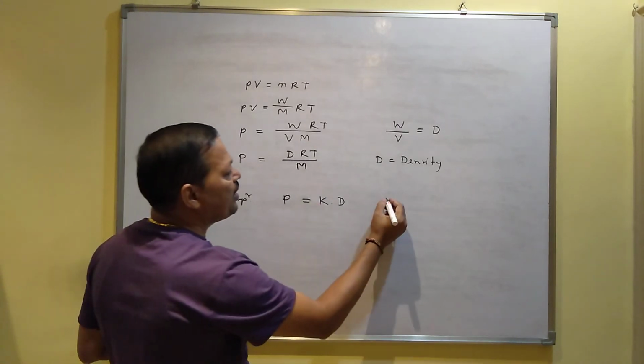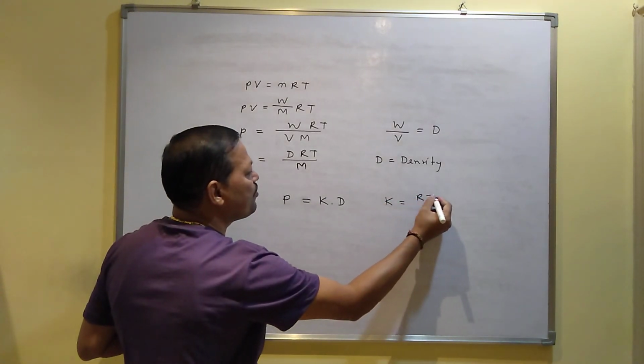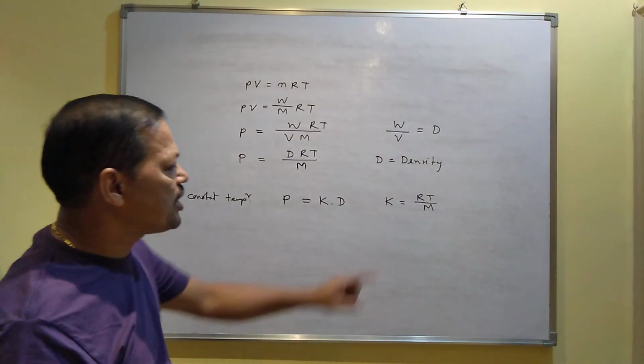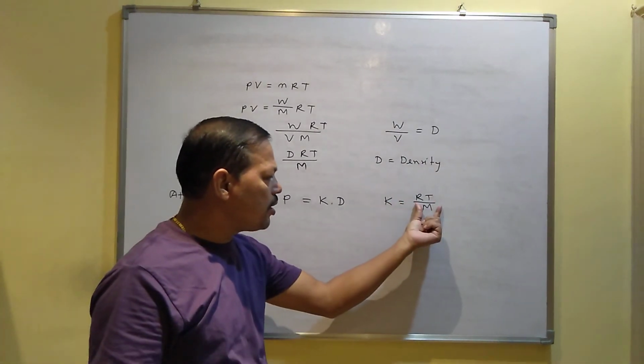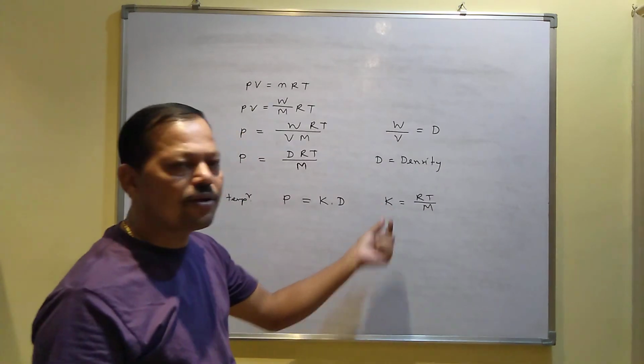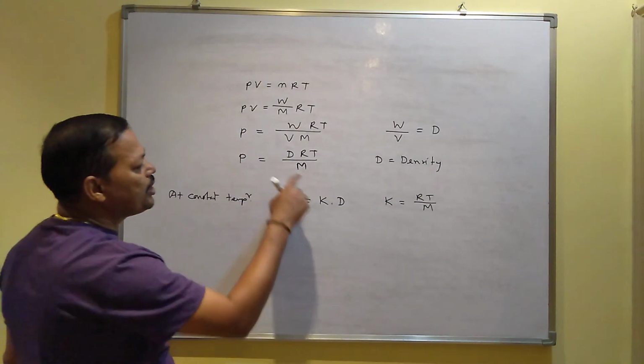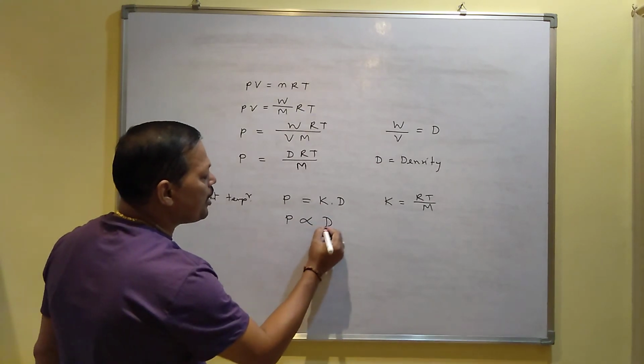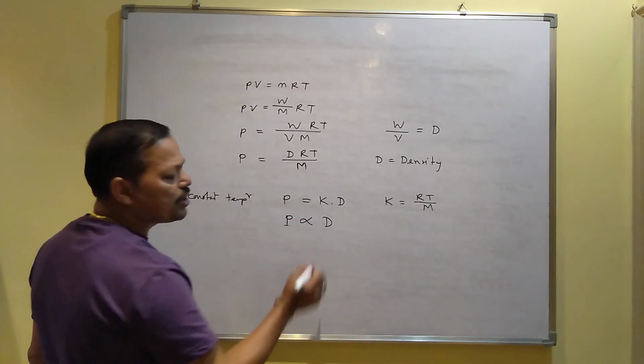Why have I written K? K is a constant, and I have written it for RT by M, because R is constant, T is constant, M is constant. So for this whole term you can write constant K. So P is equal to K into d, and when you remove K, then the proportionality will come, you can write P proportional to d.